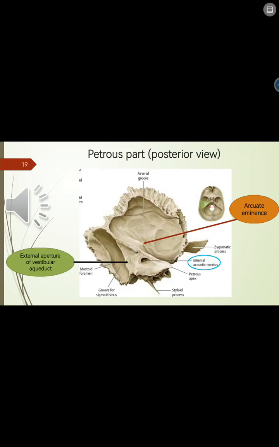We can see a small impression here, and also on the natural bones. The internal acoustic meatus in the center of the posterior surface of the petrous part is also obvious here. I show you in a blue circle.